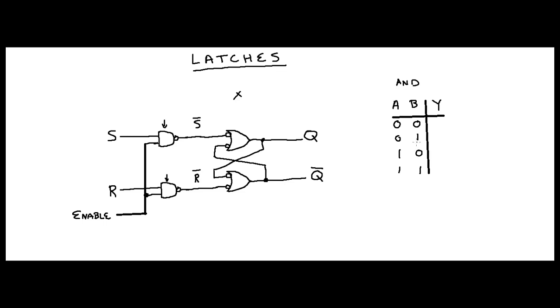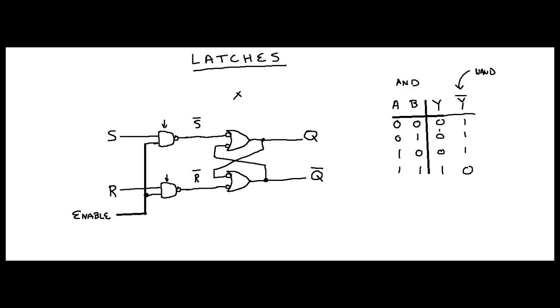So what's your output going to be? It's going to be 0, 0, 0, and 1 for an AND gate. Now, for a NAND gate, if you put an inverter bubble at the end, which is the case in our circuit, that's going to be 1, 1, 1, 0, because it's just the inversion of the AND gate.